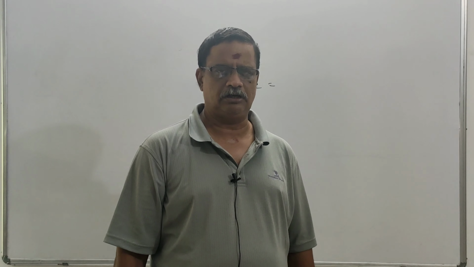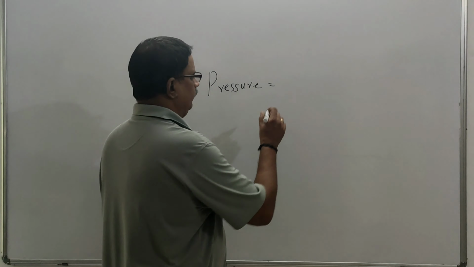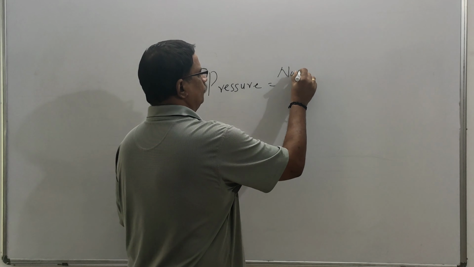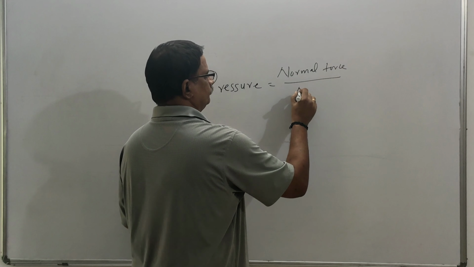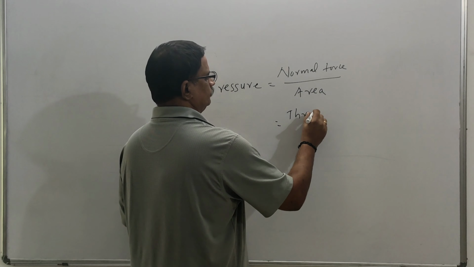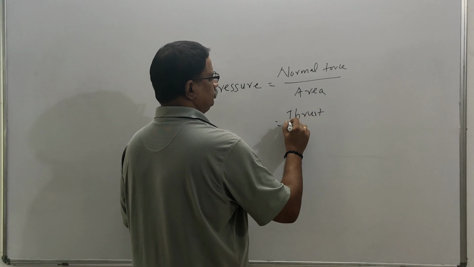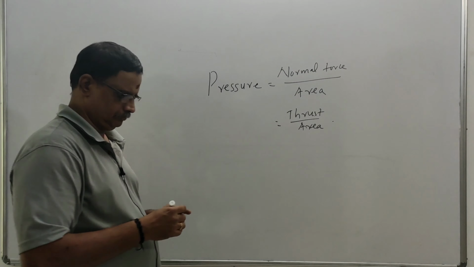At the same time I told you that it is wrong. Pressure is not simply force by area, it is normal force by area, and this normal force is also known as thrust. So pressure is thrust by area. That is the basic and fundamental definition of pressure.